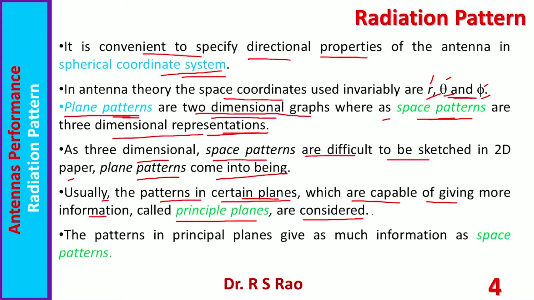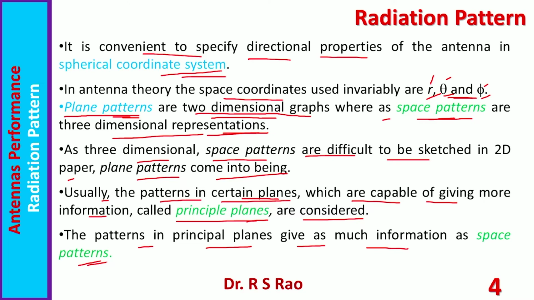The planes in which the pattern is able to give a good amount of information, only those planes are considered to sketch or to find two-dimensional plane patterns. Those planes are called principal planes. So principal plane patterns give a good amount of information than plane patterns in any other plane. The patterns in the principal planes give as much information as space patterns.